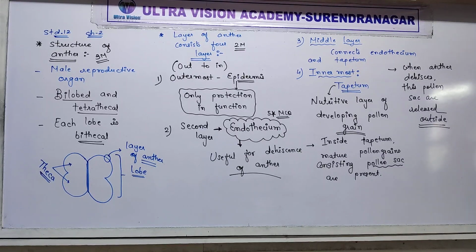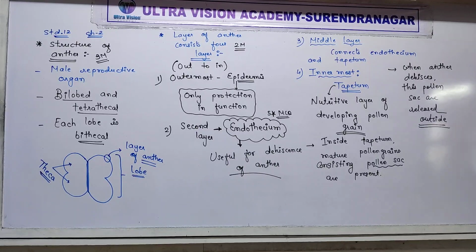So, two things you remember. Tapetum remains, whereas after formation of the mature pollen grain, the middle layer, endothecium and epidermis, these three layers simultaneously rupture.